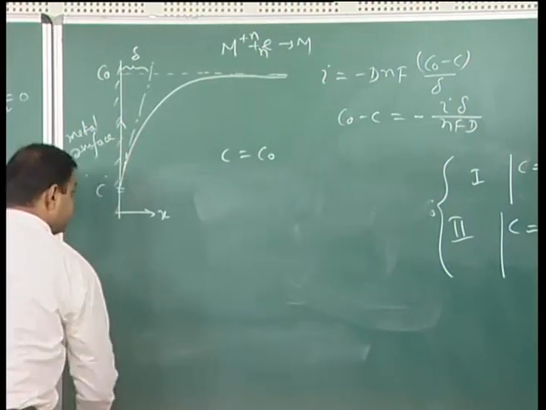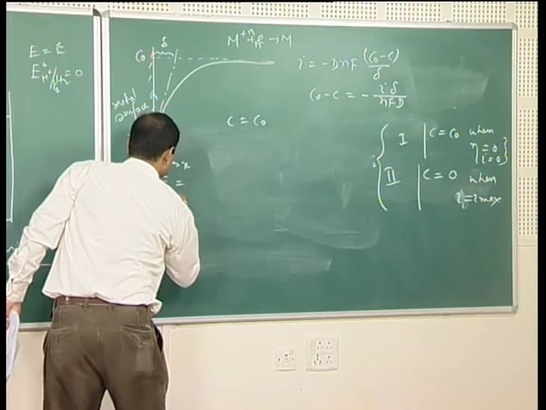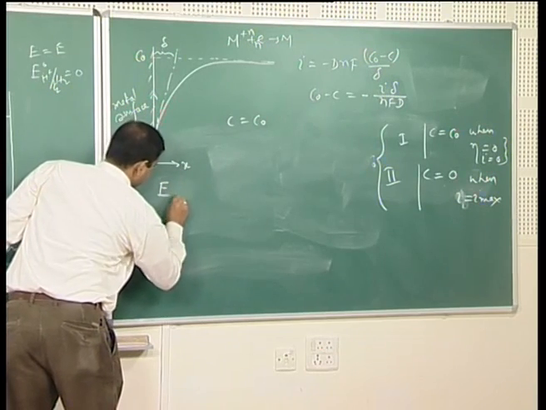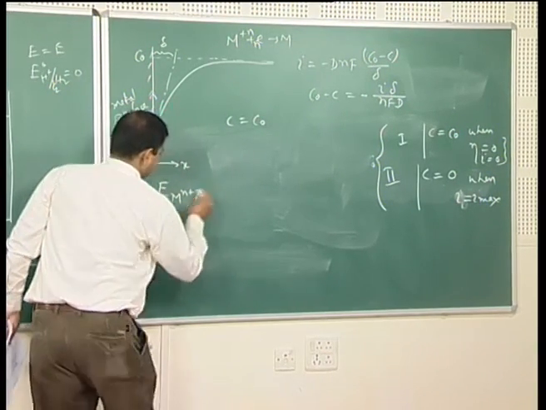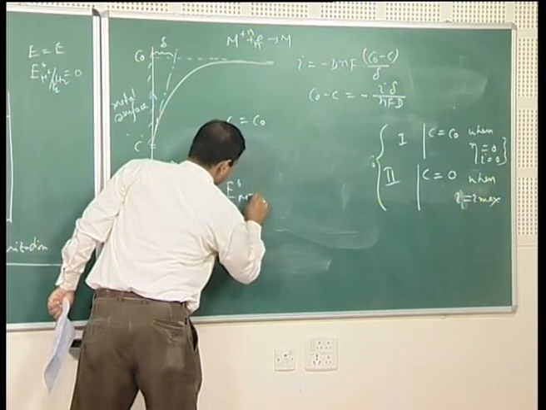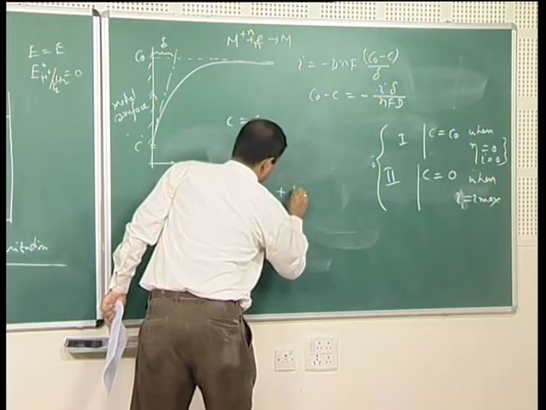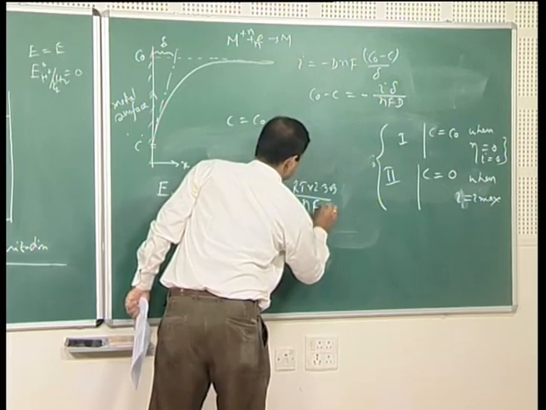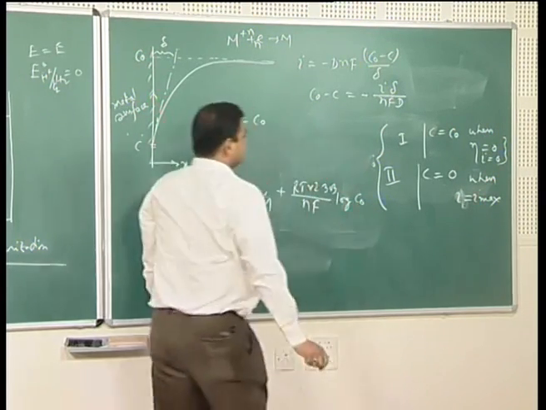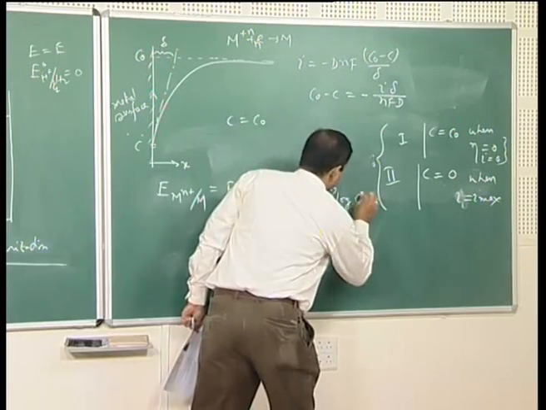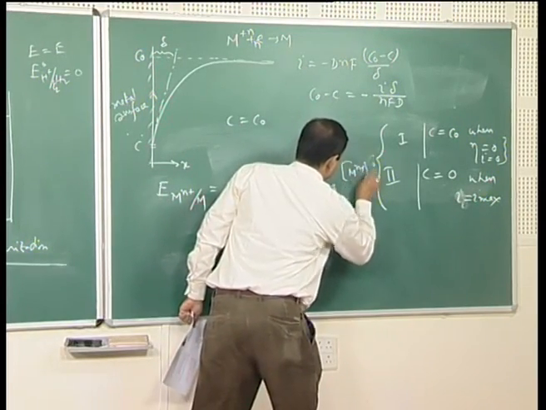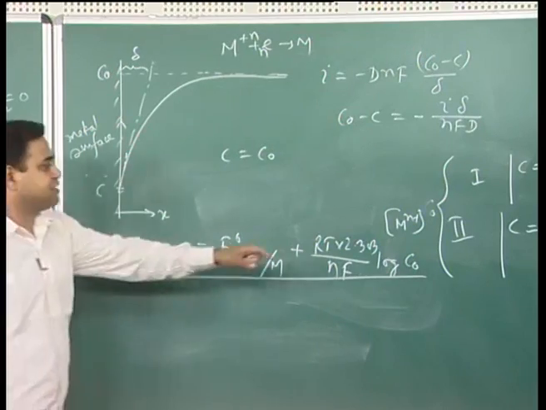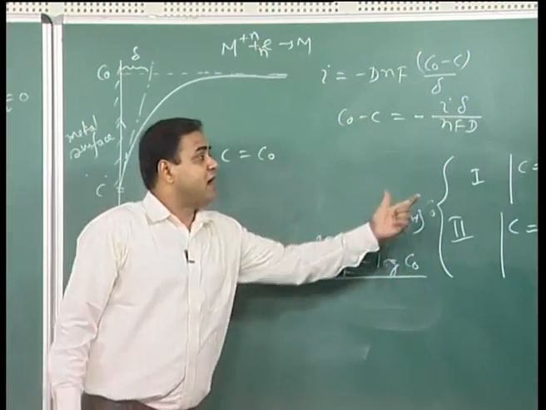Let me write a little to the left. C0 means concentration of metal ion. So, I can write the Nernst equation according to this formula, and I can put this concentration of M^n+ as C0 when I equals 0.